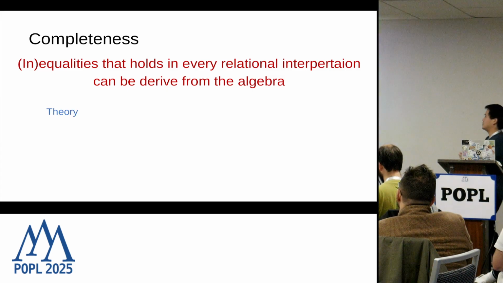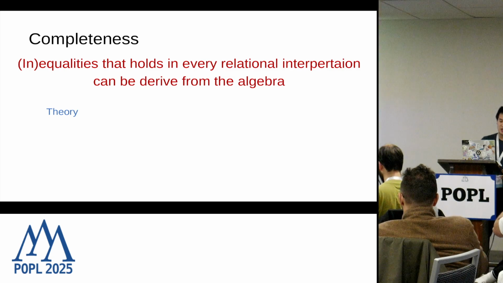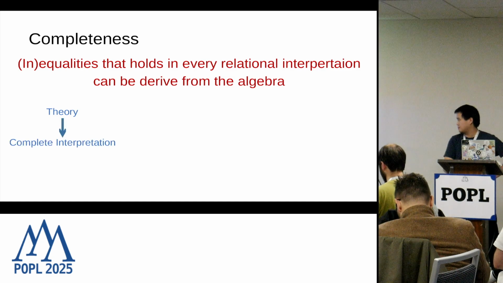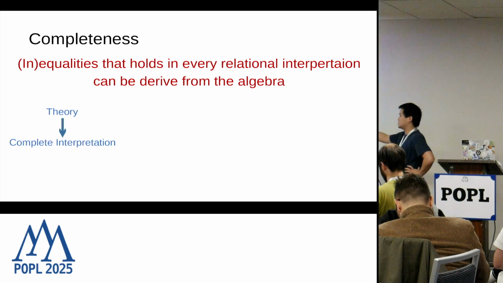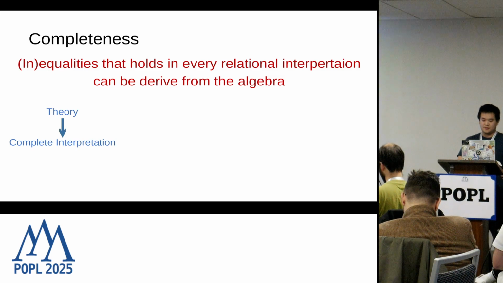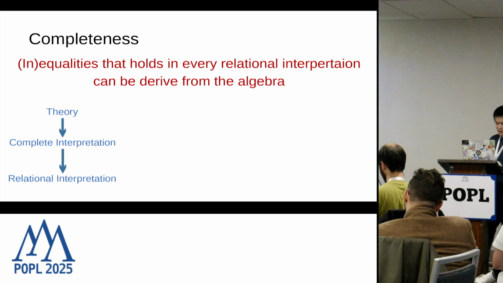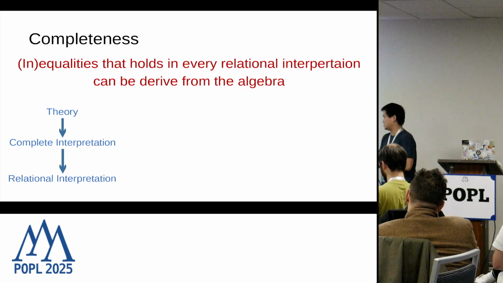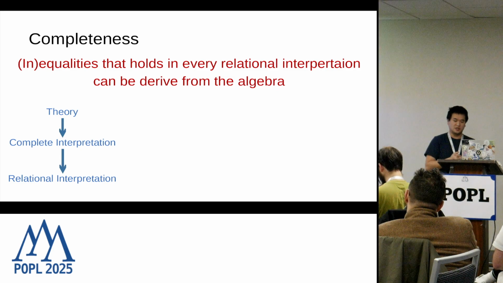And typically, how do we prove completeness in Kleene algebra, or in extensions of Kleene algebra? We start with a theory, and we develop a complete interpretation for that theory. This is typically the hardest part of the completeness proof, as we will see later. And then we embed the complete interpretation into a relational interpretation. Basically, going from a complete interpretation, we construct certain relations that preserve all the equalities within the complete interpretation.